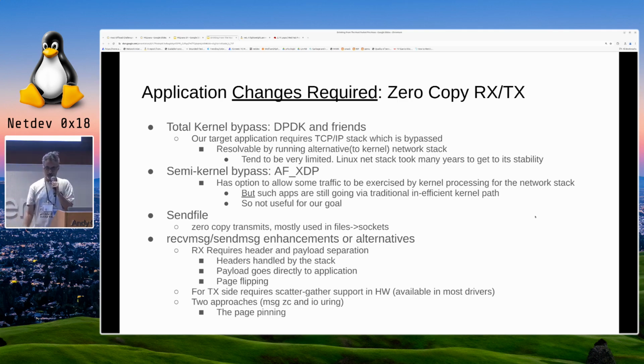For the transmit side, we have a bunch which are, we've got message zero copy and io_uring. I should probably mention Sendfile in that breath, but they use page pinning. You basically grab a ref count, and in the case of message zero copy, you release your ref count when you're freeing.